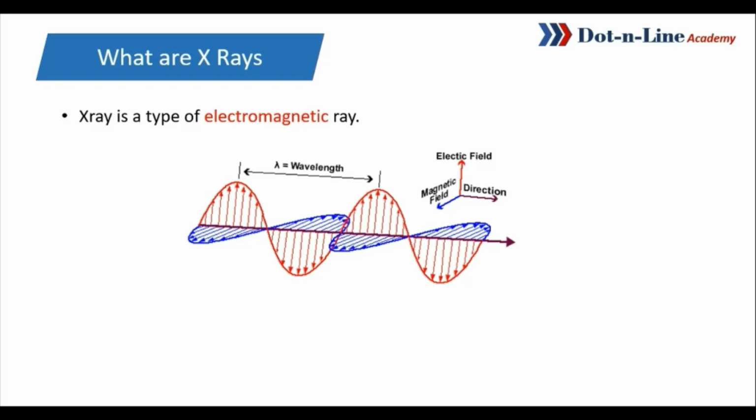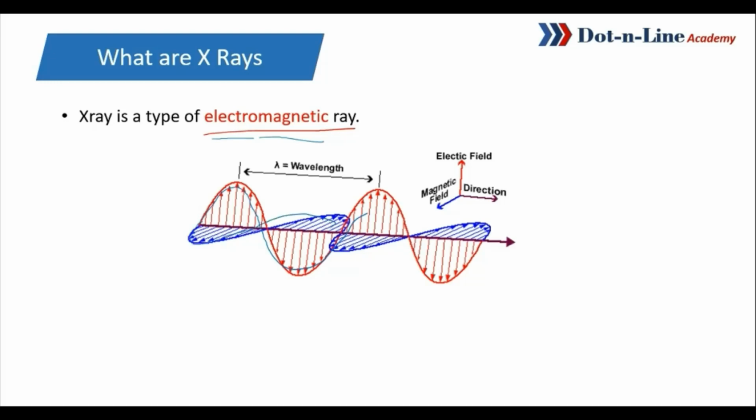X-rays are simply electromagnetic rays. If you have knowledge of physics, electromagnetic rays are the rays formed by electric movement and magnetic movement. These two movements are perpendicular to each other. The electric movement will be in the x direction and the magnetic movement in the y direction.